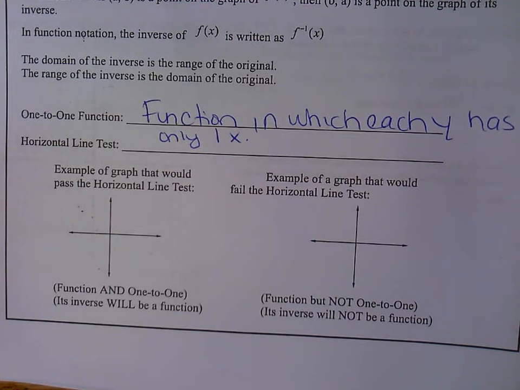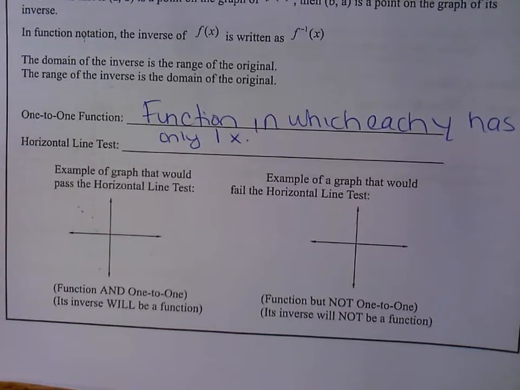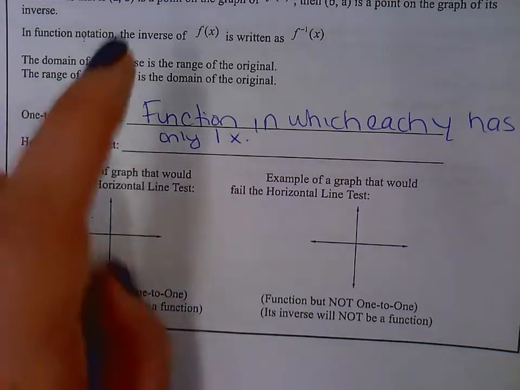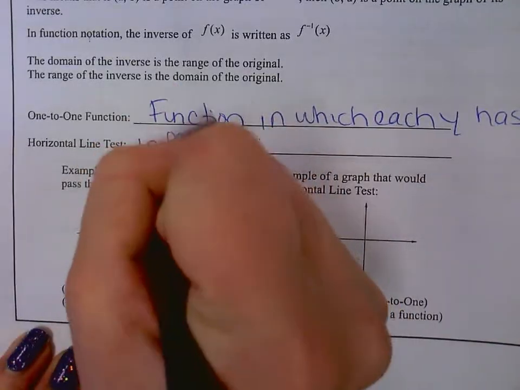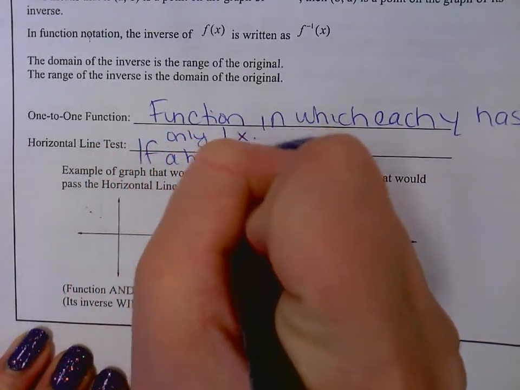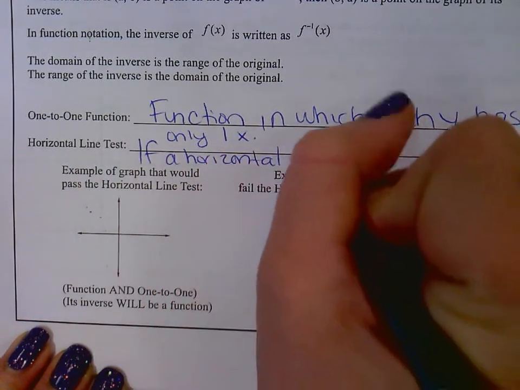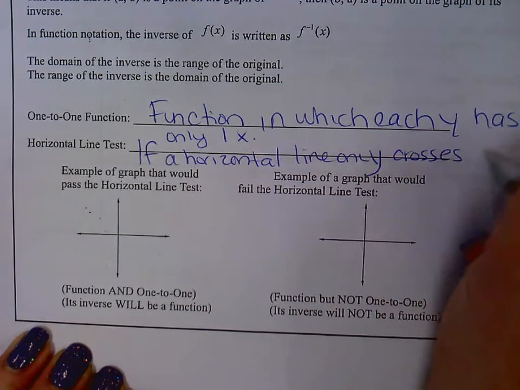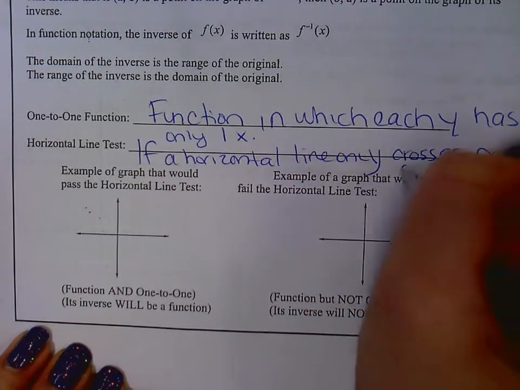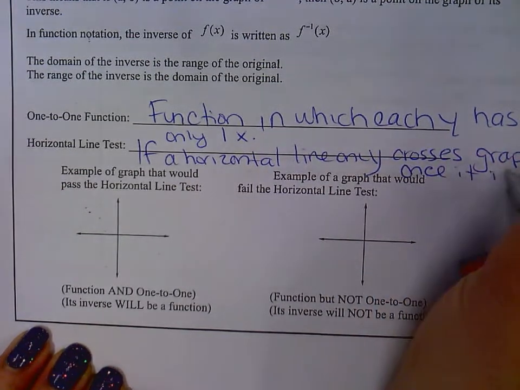Each x gets one y and each y only gets one x. So that's called a one-to-one function. That's going to be important for inverses. And then the horizontal line test. So same thing, if a horizontal line only crosses the graph once, it is one-to-one.